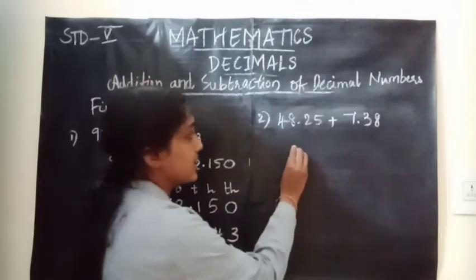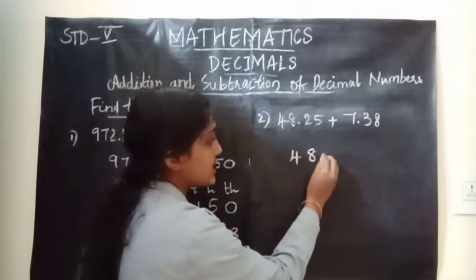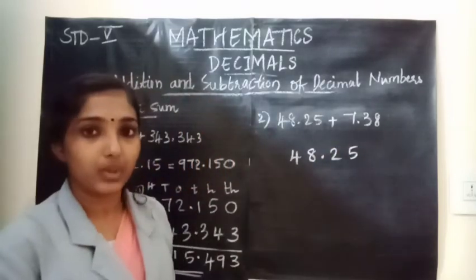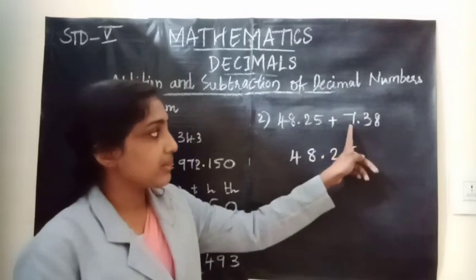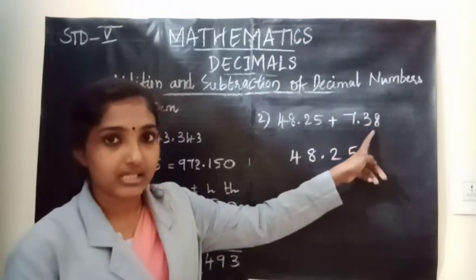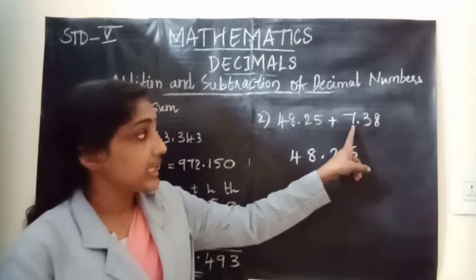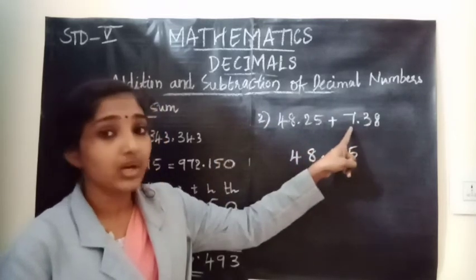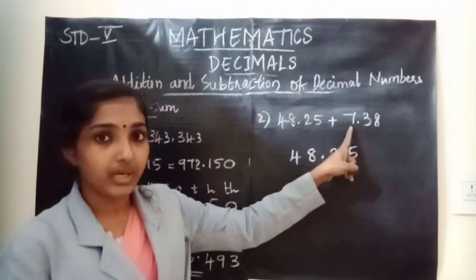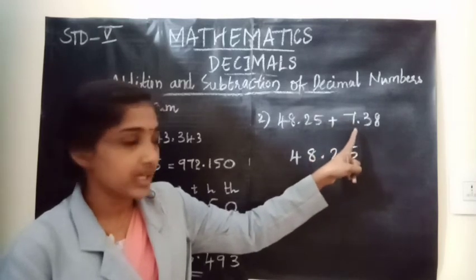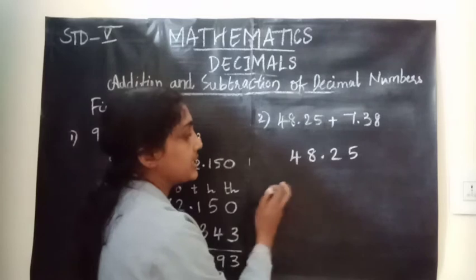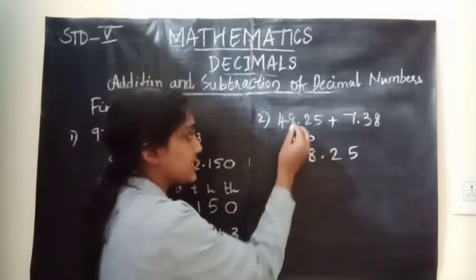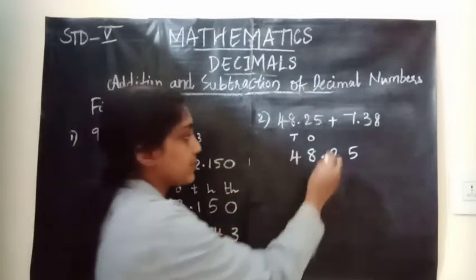So the first number is 48.25, and the second number is 7.38. Look, in the whole number part there is only one digit and it is in the ones place, right? The whole number part starts from the ones place, then it has the tens place.